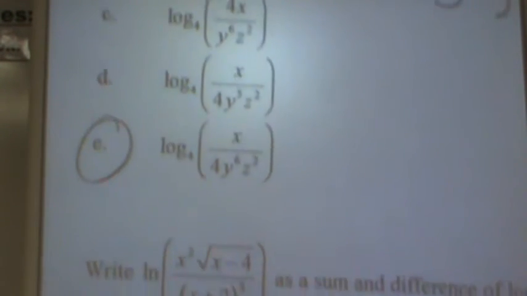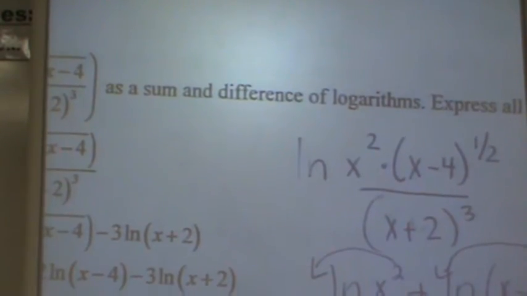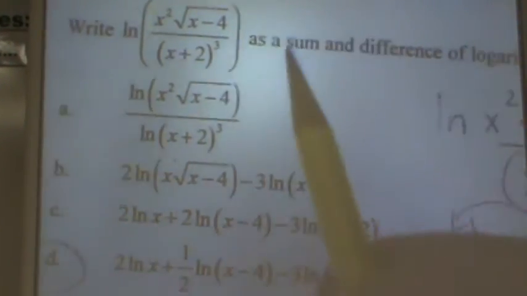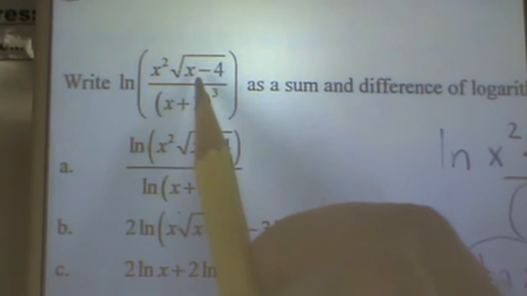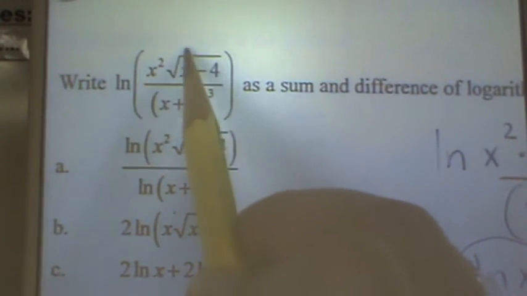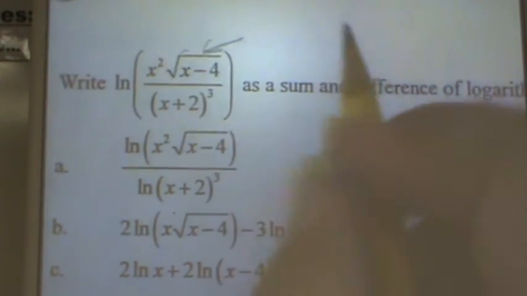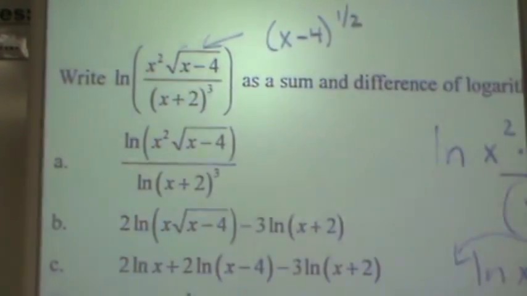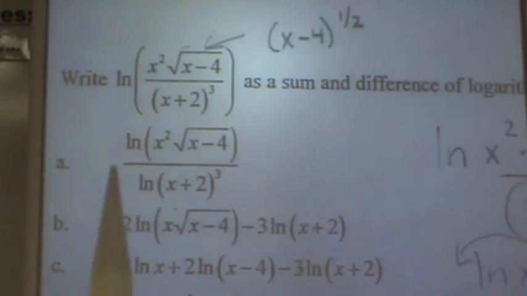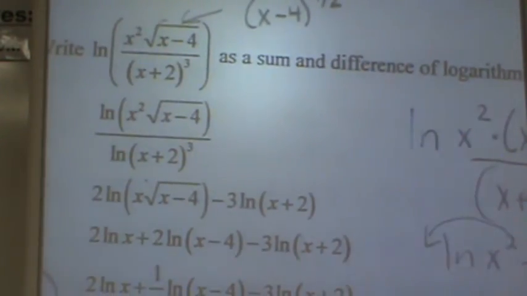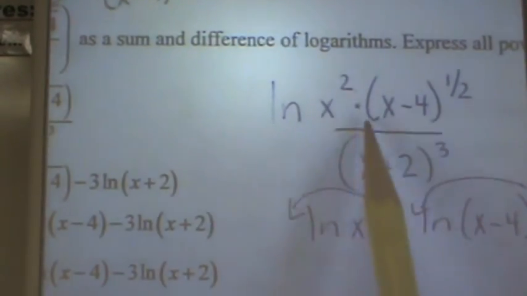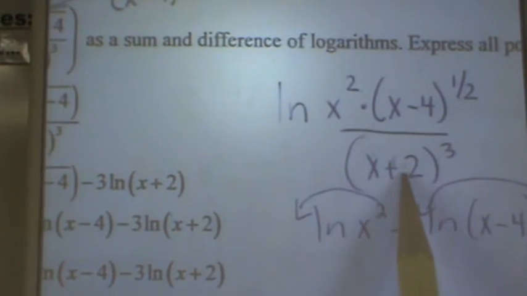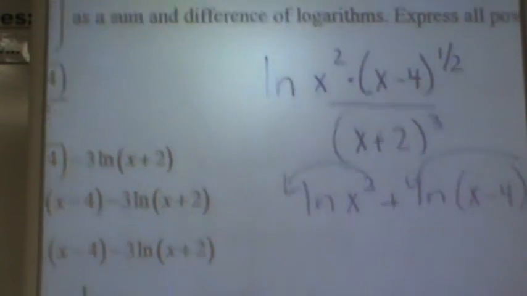Okay, number 74. How would you break this one up? Well, we would write x minus 4. This piece right here is really x minus 4 to the 1/2 power. So this would be first ln of x squared times x minus 4 to the 1/2 power over x plus 2 cubed.